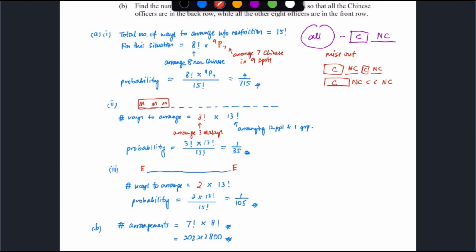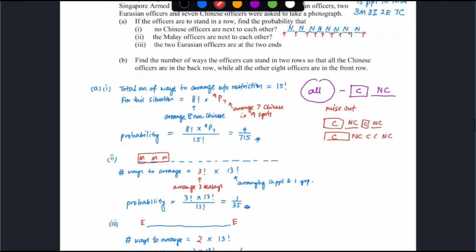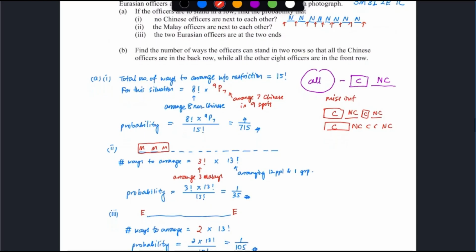But it's a very good technique if the question is phrased in such a way that not all Chinese officers are next to each other. That would be a very wonderful technique.